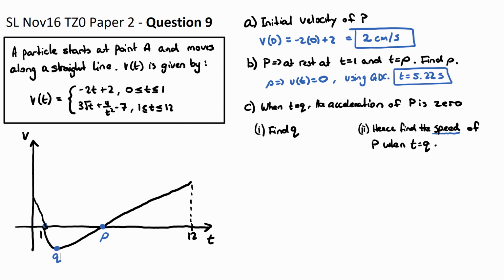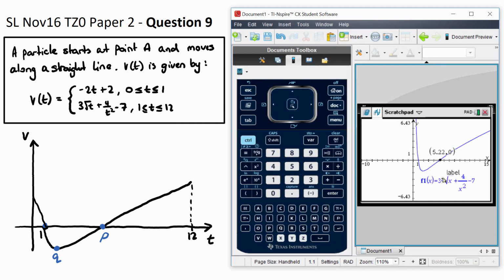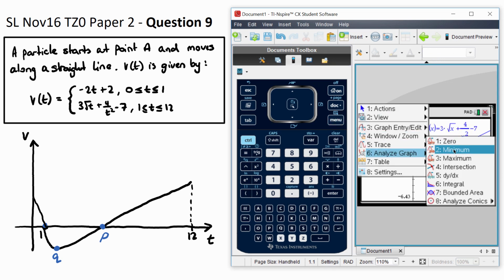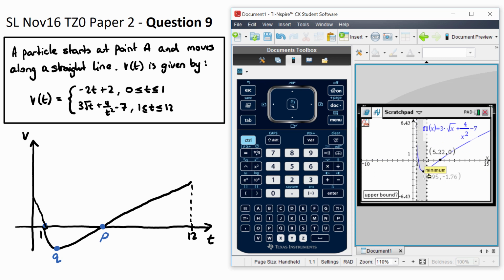So let's go back to our graph. We can find that by just finding the minimum. So menu, analyze graph, minimum. The x-coordinate is the time, and the y-coordinate is actually the velocity, because this is a velocity curve. So when the question says find the value of q, q is the time where this happens.